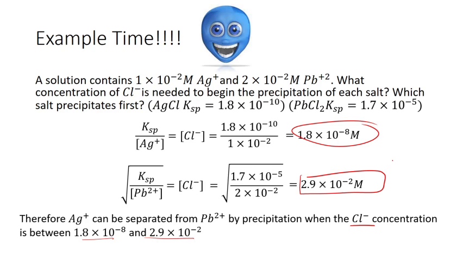Because as long as the concentration is above the lower value, silver will precipitate, and as long as the concentration is below the upper value, then lead will not precipitate. So that's what we need to do, and that means that we can separate these two metals in this particular solution.